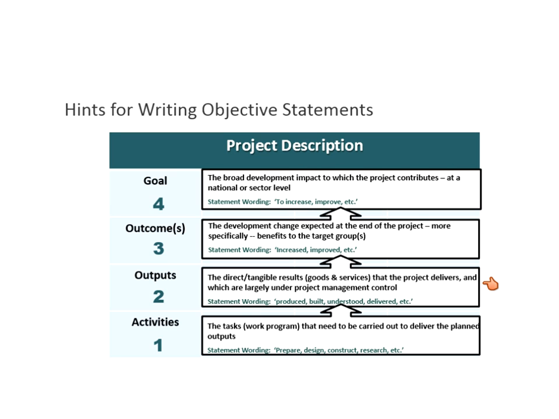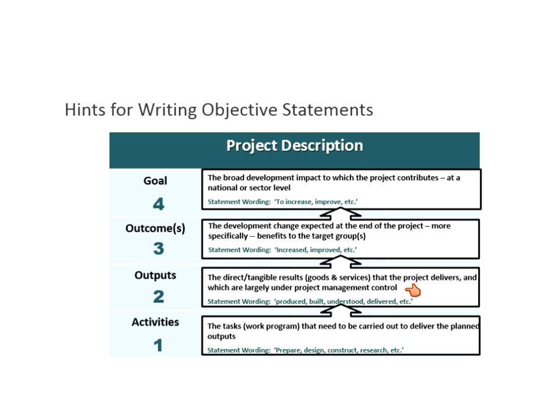All right, so back to my point here is that outputs then are the direct tangible results, goods and services, that are largely under the project manager's control. Very important point, especially in light of PMD Pro. These are the things that you need to make sure are produced or done in the project.